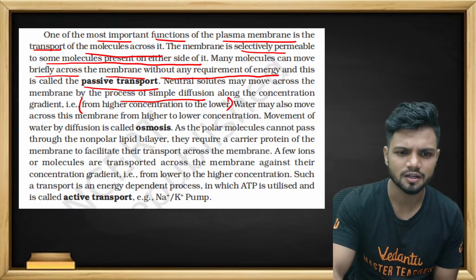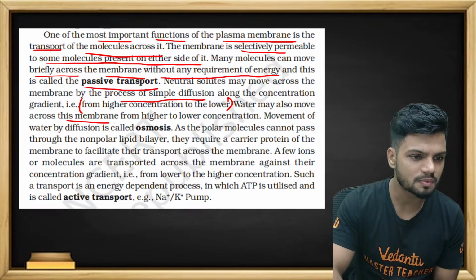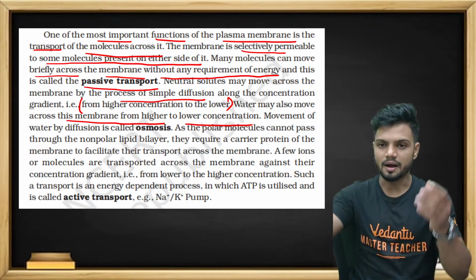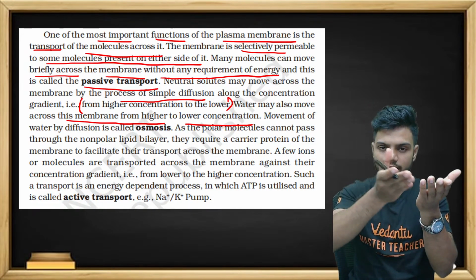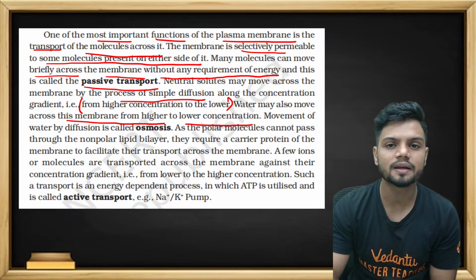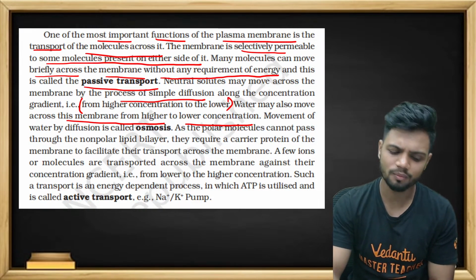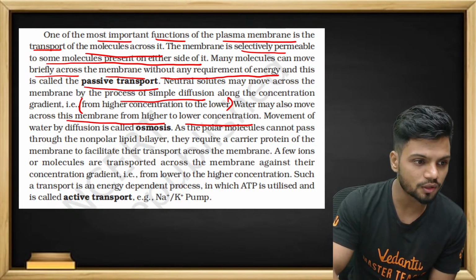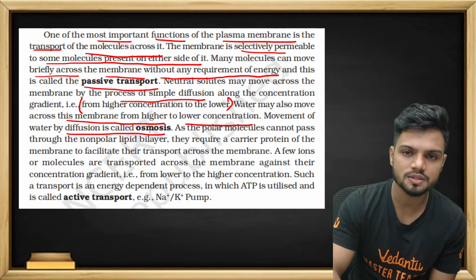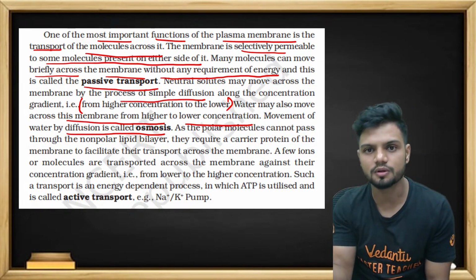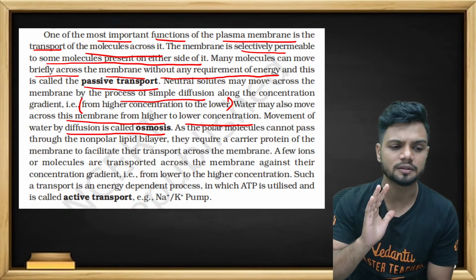Osmosis. Right. Water may also move across the membrane from a higher to a lower concentration. See, from higher to lower you can easily flow. Higher to low, water can flow. Okay. It doesn't require any courage. No money is required at all. Right. Now, movement of water by diffusion is called osmosis. That is movement of water molecules from the higher concentration to the lower concentration. Doesn't require any money.